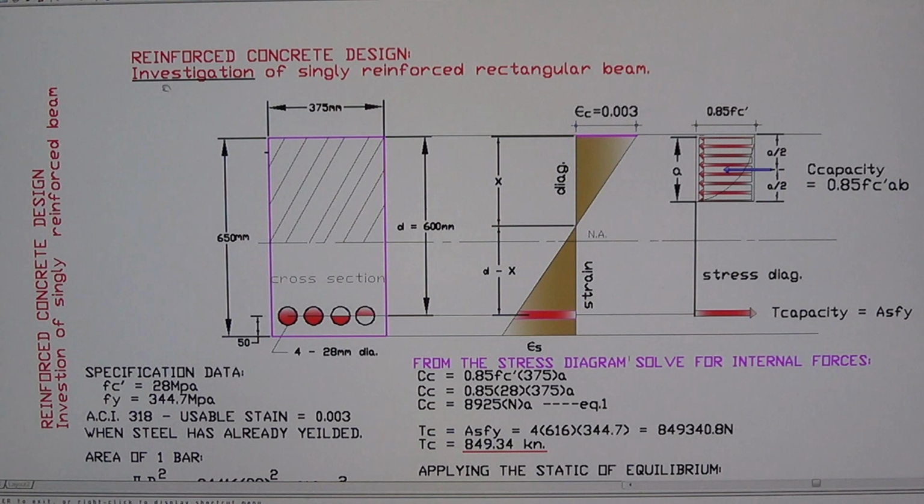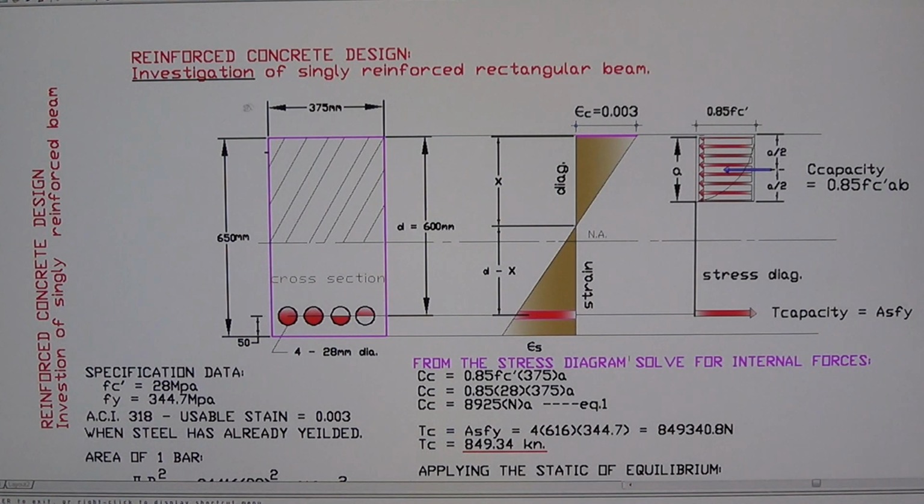In the investigation, you already have those, and this is the process of calculating the moment capacity of the rectangular section of the beam, like this one here.